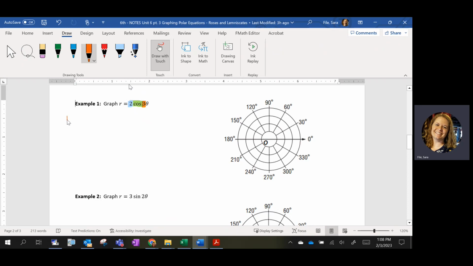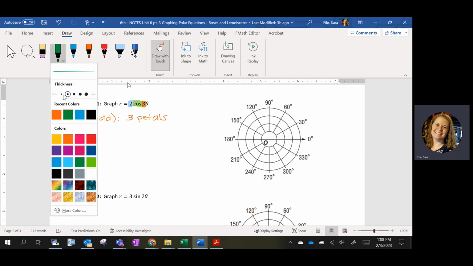I'll start with n is 3. That's odd. So that means there's how many petals? 3 petals. Good. Okay, this is a cosine curve.